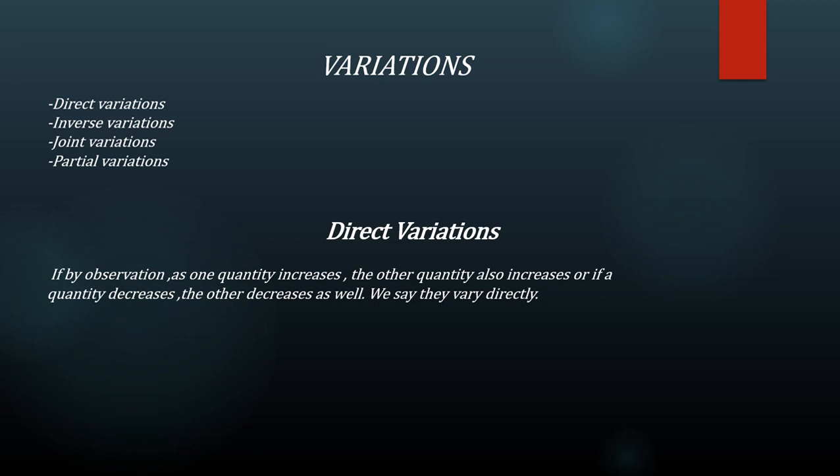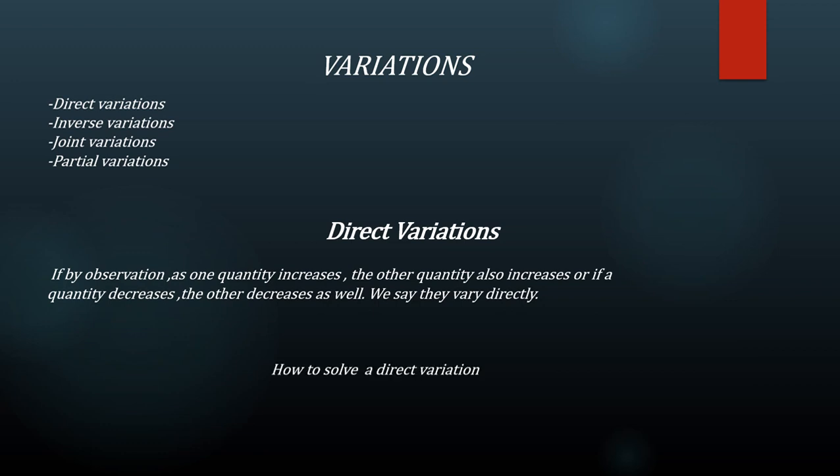What this is trying to tell us is this: if a quantity x increases from 1 to 2, a quantity y would also increase from 2 to 4, or from 2 to anything, or from anything to anything. But what we are trying to say is that as one quantity increases, the other increases. In that sense, we call that form a direct variation, direct proportion.